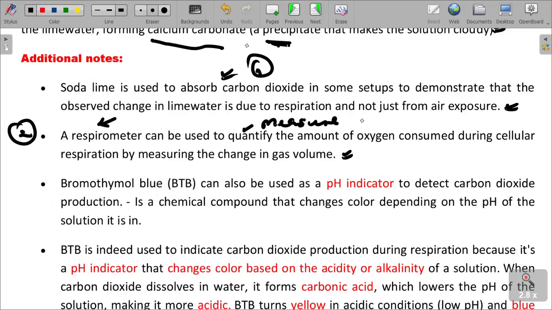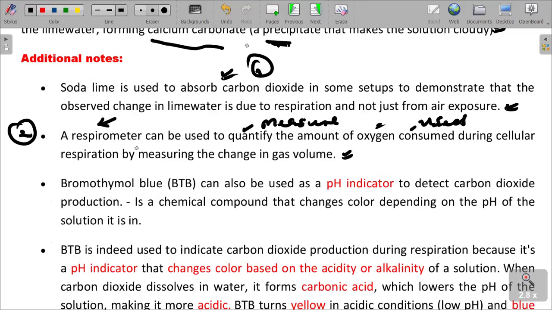I'm sure you remember that during cellular respiration, oxygen is used. So we can know the amount of oxygen used by a respirometer, and therefore we can see the change in gas volume.